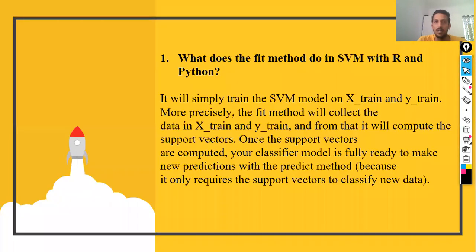Now, going forward into the questions, the first one that I have is, what does the fit method do in SVM with R and Python? Well, it simply trains. Okay, fit method, not just for SVM, you can probably remember this for every question. It basically collects the data and it computes and it comes up with predictions.